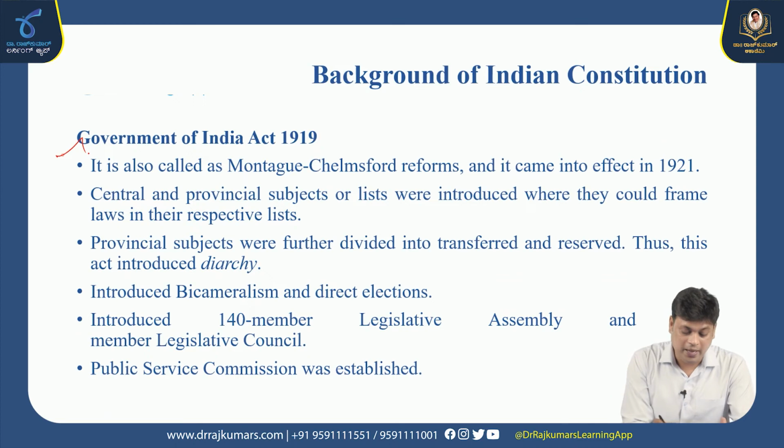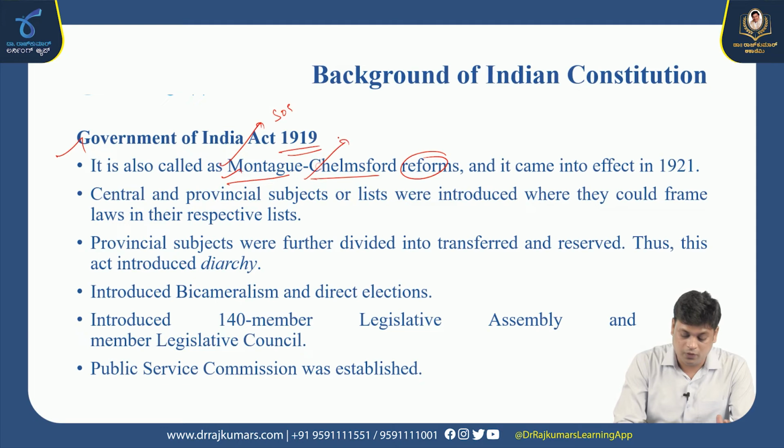Okay, Government of India Act 1919, which is called as Montagu-Chelmsford reforms. Montagu was the Secretary of State. Chelmsford was Viceroy of India. Okay, it came into effect in the year of 1921, and central and provincial subjects are listed.